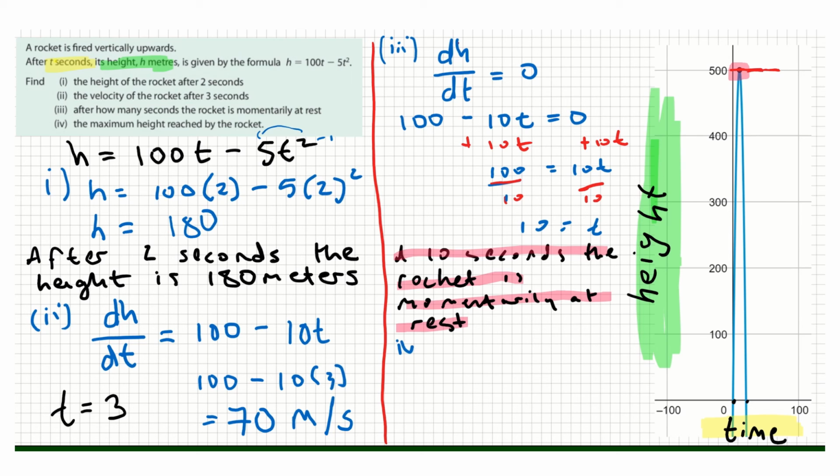Part 4 asks the maximum height reached by the rocket. We already know the answer is 500, but we need to do it mathematically and prove it. So the maximum height comes when it's at rest after 10 seconds. So we go back to the original formula. Height equals 100t minus 5t squared.